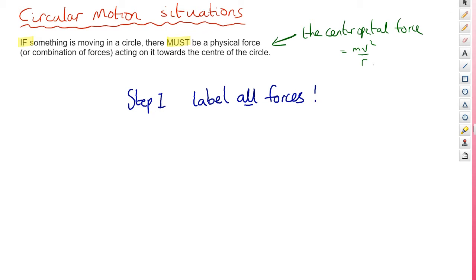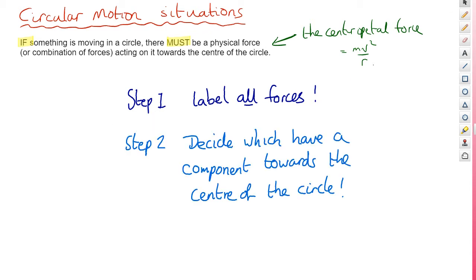And then secondly, decide which ones of those are providing the centripetal force. Which ones, in other words, are completely in the direction towards the centre of the circle, or have a component towards the centre of the circle. So those are the two steps to follow to get started at least.